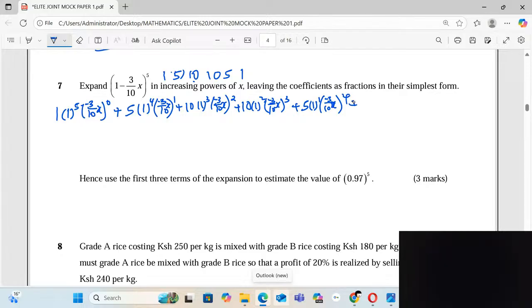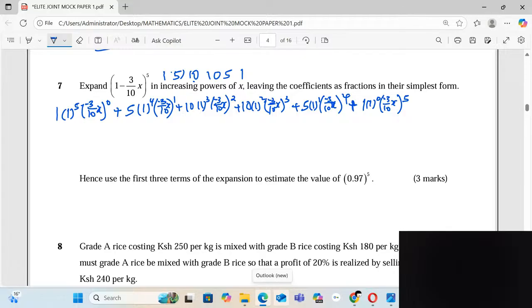Then lastly, we have 1. So the power reduces to 0 as negative 3 over 10x. The power now increases to 5.